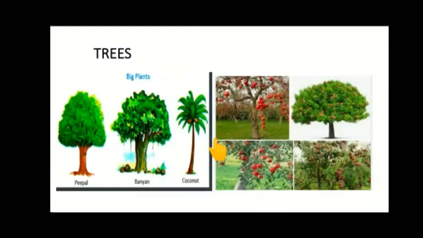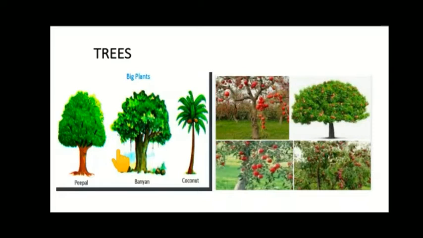Now I am going to tell types of the plants. Firstly, trees. You know very well about trees, children. Do you like some fruits like mangoes, apples, coconut? Coconut is not a fruit.